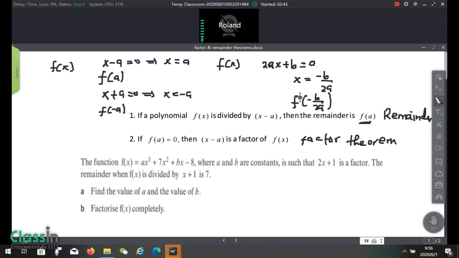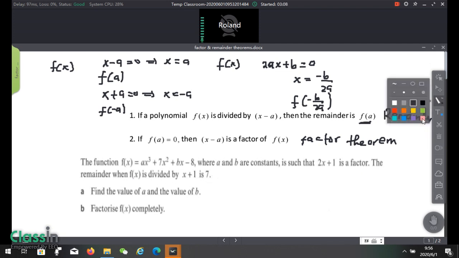That's what it means. Let's see how we can apply this to the function f of x equals ax cubed plus 7x squared plus bx minus 8, where a and b are constants, such that 2x plus 1 is a factor. The remainder when f of x is divided by x plus 1 is 7.